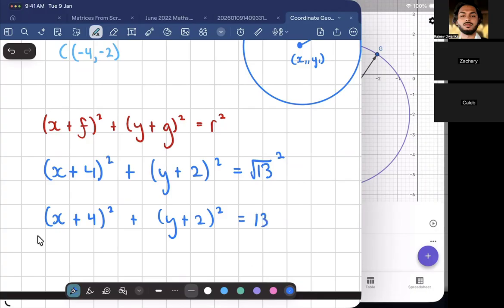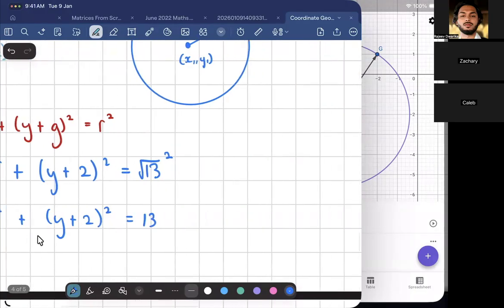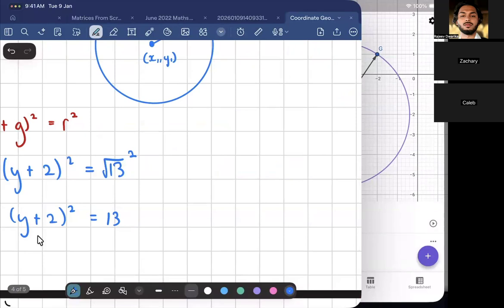Guys, you are advanced students, so I could explain this in terms of indices. The square root is the same thing as what power? A half. Right. So Caleb, if you didn't know, the square root is the same thing as the power of a half.